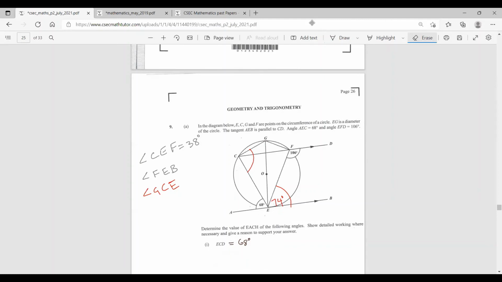GE is not 90 degrees. No, I mean the CF line cutting that line would be 90 degrees on either side, on top and on the bottom.